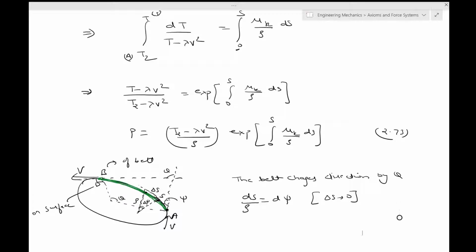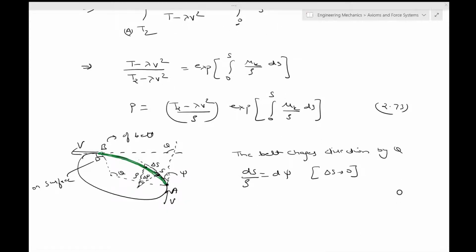Then this equation 2.73, which is written in front of you, should reduce to a value. Let's see what that should be.